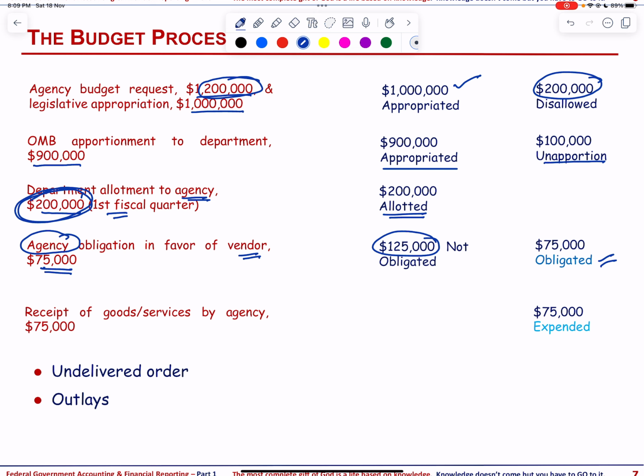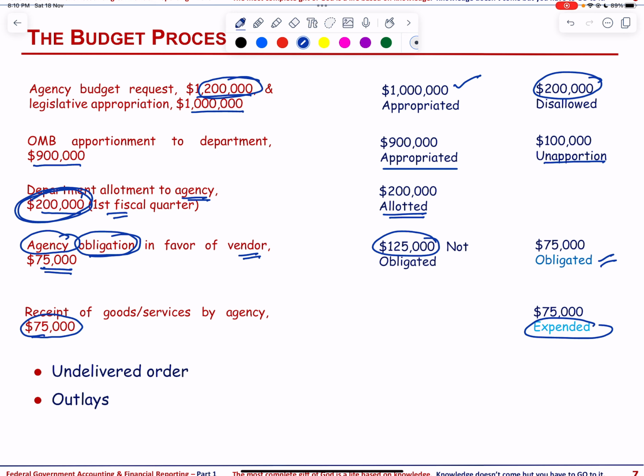Once the agency receives goods or services for the value of 75,000, now they are going to be expended. So the key point of budget control is the obligation. It is a legally binding agreement that will result in the amount of money being spent by the agency.